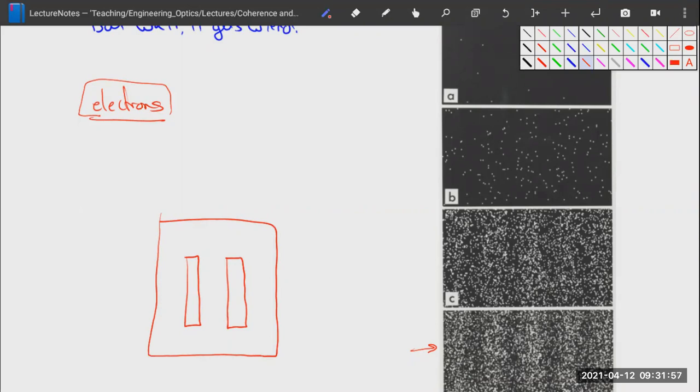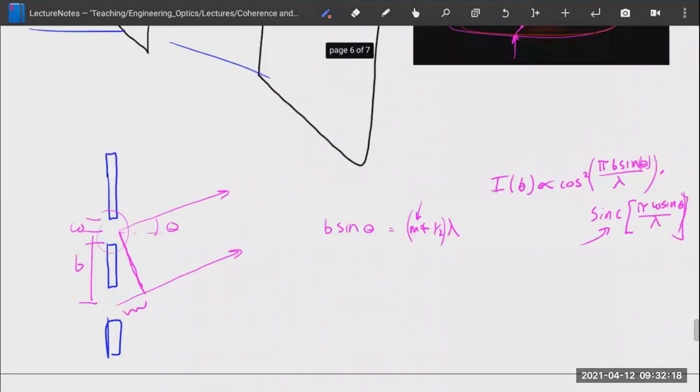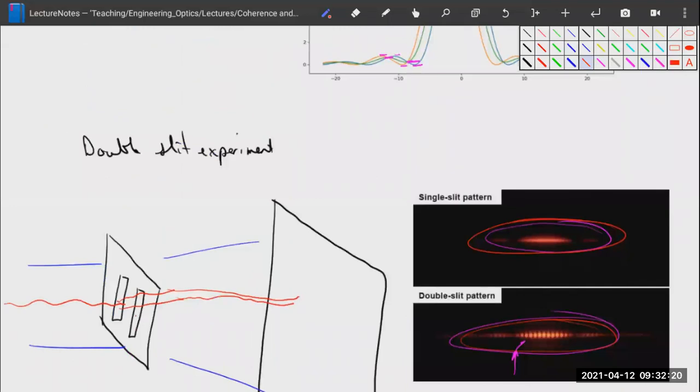And if you were to put an electrode on both sides of these slits, in order to catch which slit the electrons actually go through, suddenly this pattern disappears, and all you get is the normal single slit pattern.